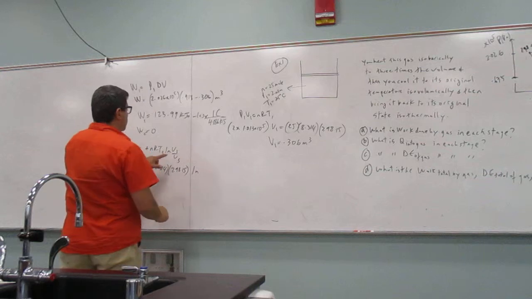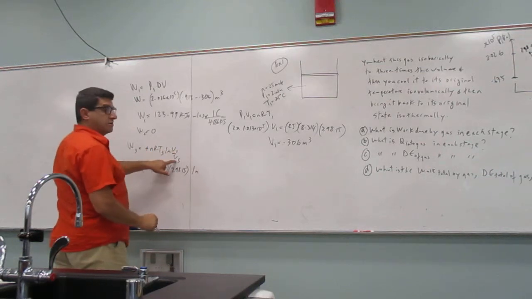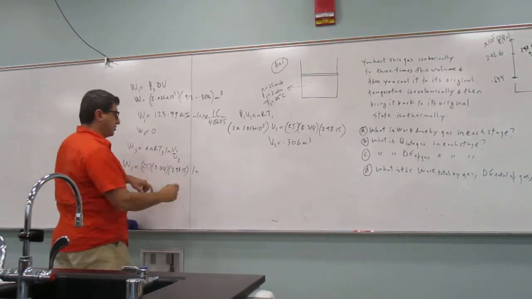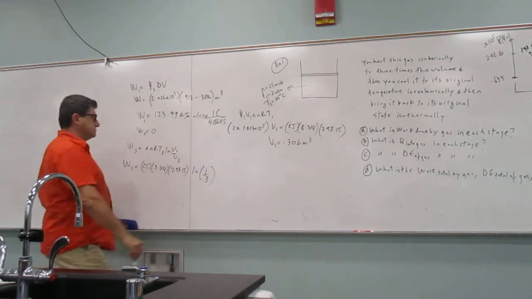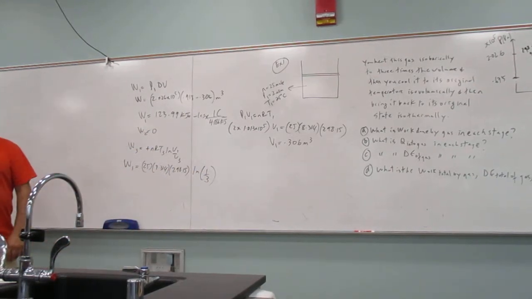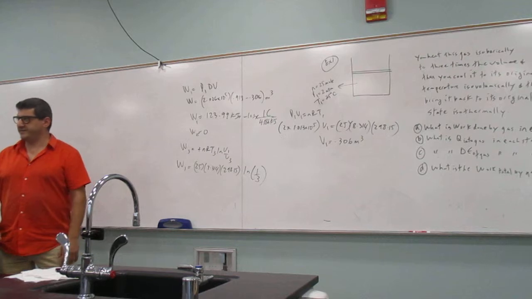ln of what? The volume V1 is 1/3 of the volume V3, right? So ln of 1/3. So of course that's going to be negative ln of 3.